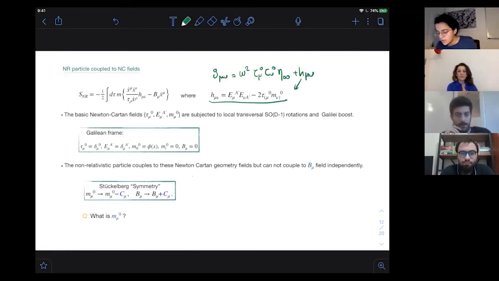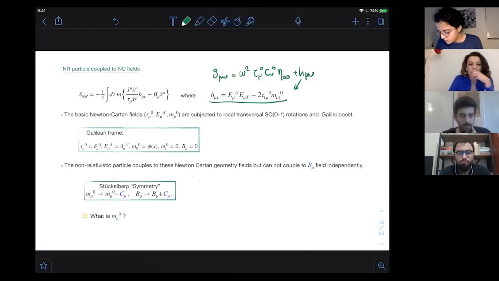Good. But I should be able to extract some notion of why this is the non-relativistic particle. For that, you go to the Galilei frame by doing some gauge fixing, namely the gauge fixing I introduced here.